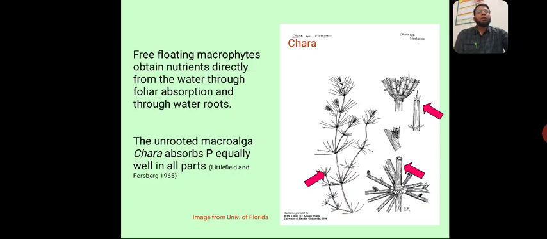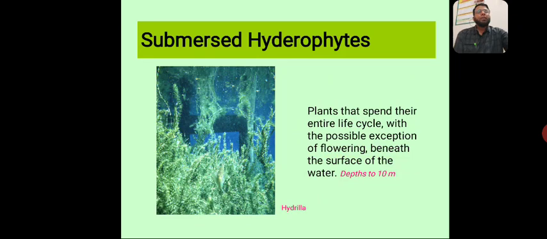Free floating macrophytes obtain nutrients directly from the water through foliar absorption and through water roots. The unrooted macroalga Chara absorbs equally well through all parts. So this is also free floating.